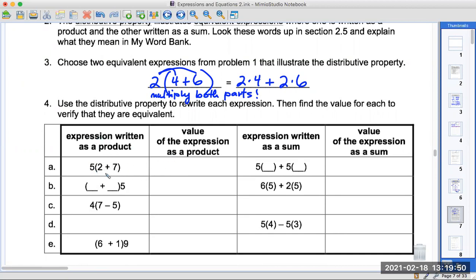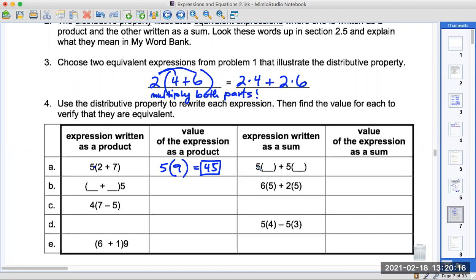Expression written as a product, which is 5 times. There's an invisible times button here between. Value of the expression as a product: it's 5 times 2 plus 7 is 9, which is 45. So the number 5 will be twice.